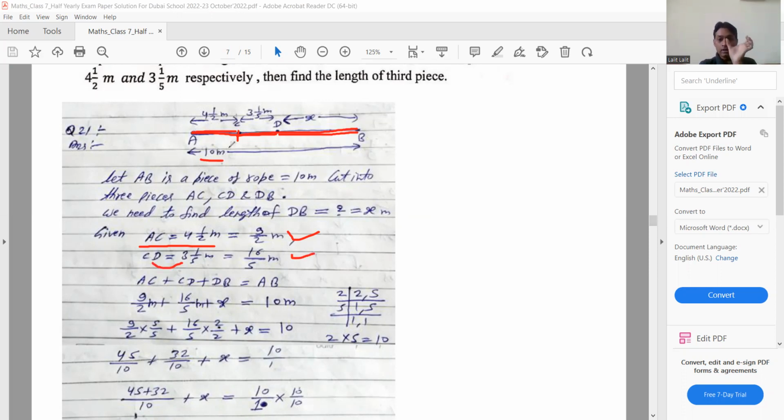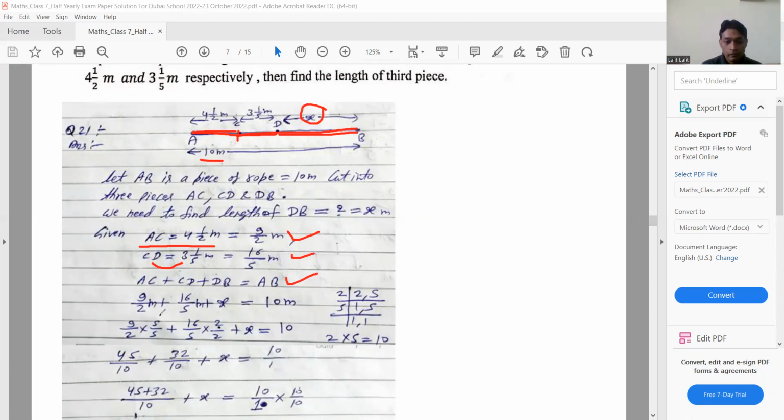Now the total length of the full rope AB is equal to 10 meter. So can we write AC plus CD plus DB is equal to AB. Now the value of DB which we need to find, I have taken this as x. Okay, so put value of AC, CD and DB: 9/2 plus 16/5 plus x is equal to 10.